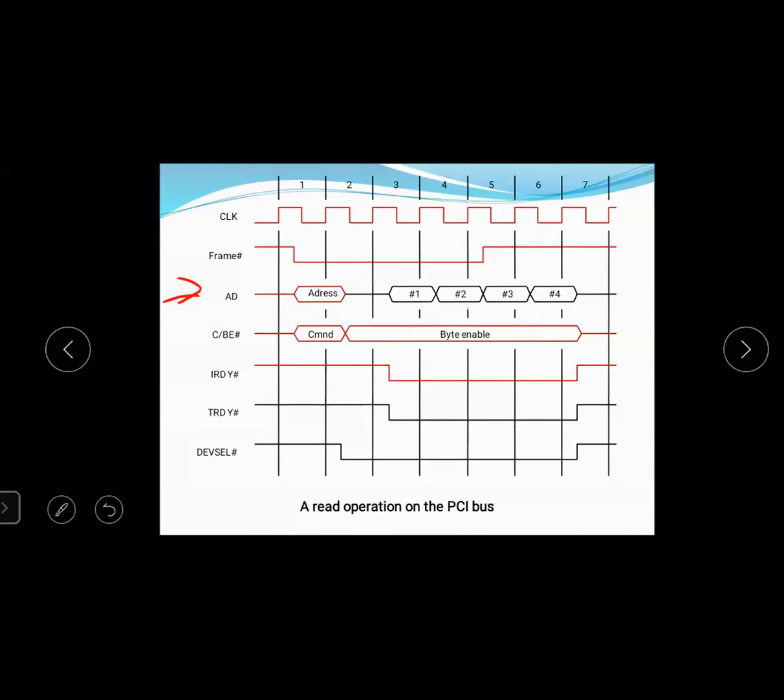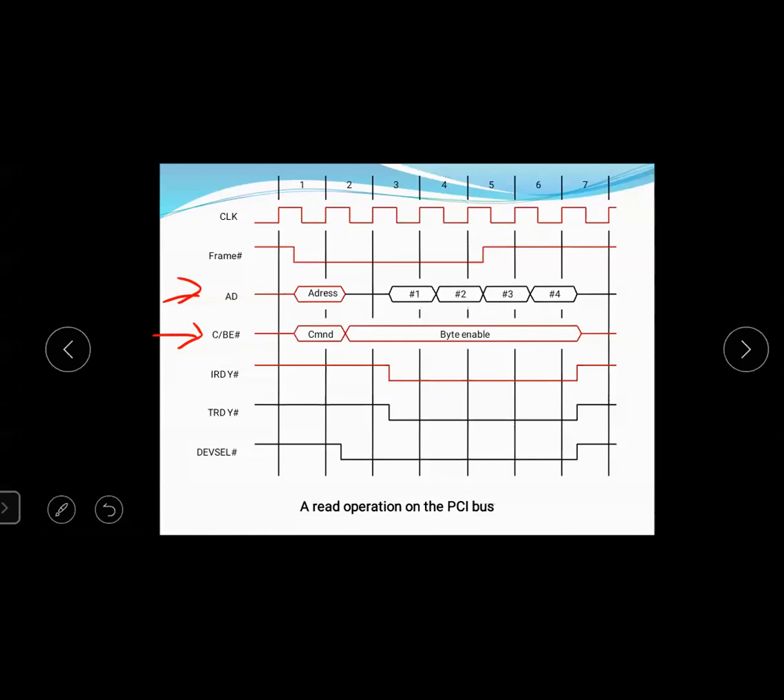At the same time, the master places the command, that is, a read operation or a write operation, to read the data from or write the data to the device. The command is also placed on the command line.